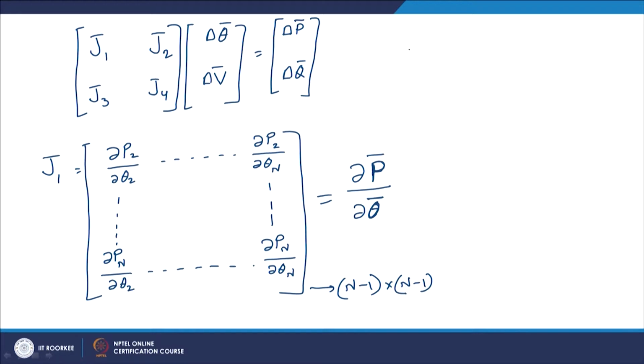What would be J2? The J2 matrix is del P2 by del V m plus 1, dot dot dot, del P2 by del Vn.